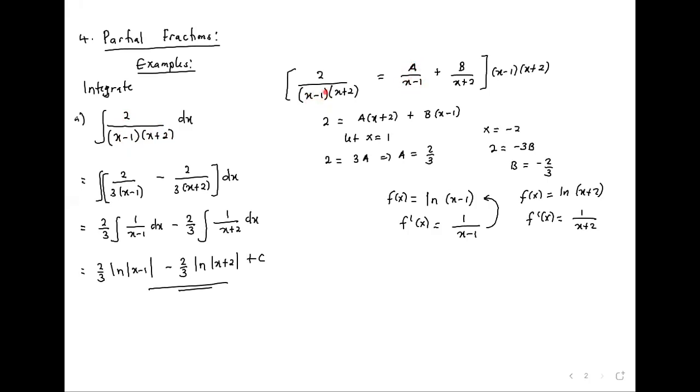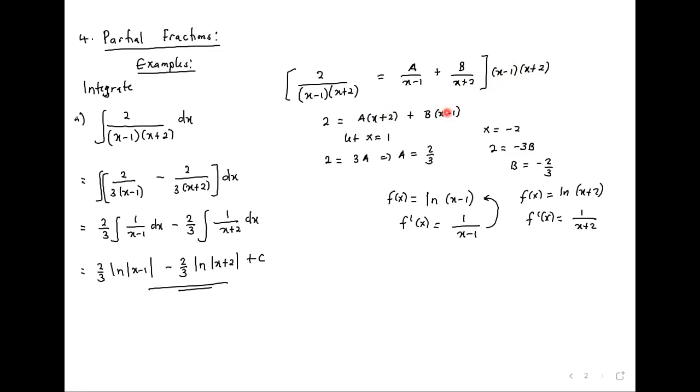a over the first linear, b over the second, and then multiply throughout by this, so that this can take away x minus 1, and you remain with x plus 2. So a times (x plus 2), take away x plus 2, so you have b multiplied by (x minus 1).